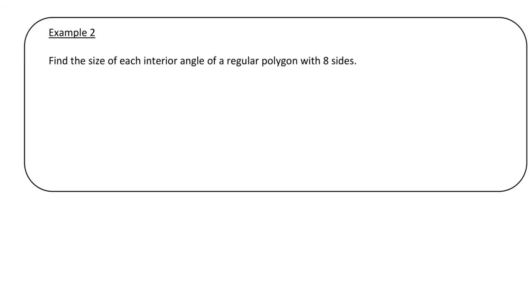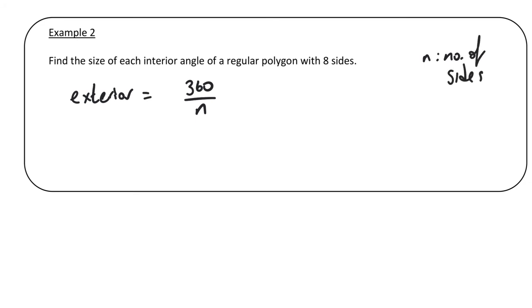So example 2, find the size of each interior angle of a regular polygon with 8 sides. So what we can do first of all is work out the exterior angle. So the exterior angle is equal to 360 divided by n, where n is the number of sides. So in this case it's 360 divided by 8, and that's 45 degrees.